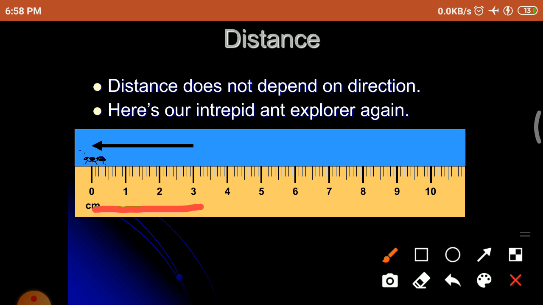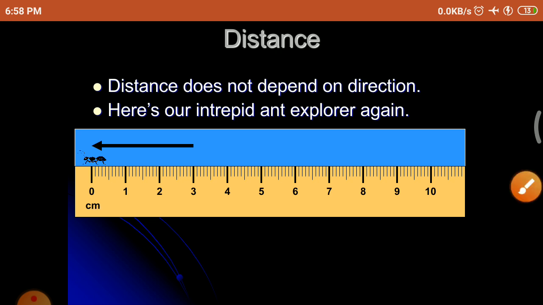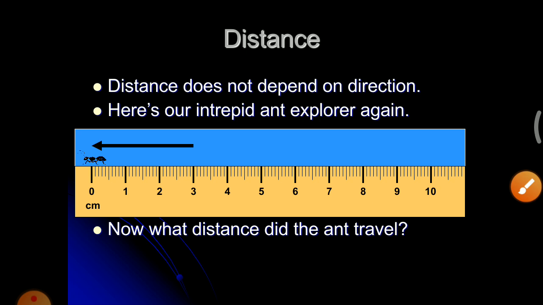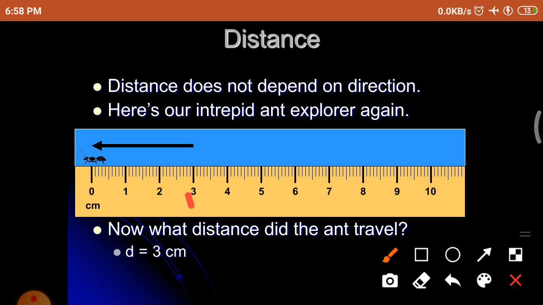So how much distance did it travel? Now what distance did the ant travel? d equals 3 centimeters. So here the ant travels 3 to 0, again 3 centimeters. So from this we can say that distance does not depend on direction.